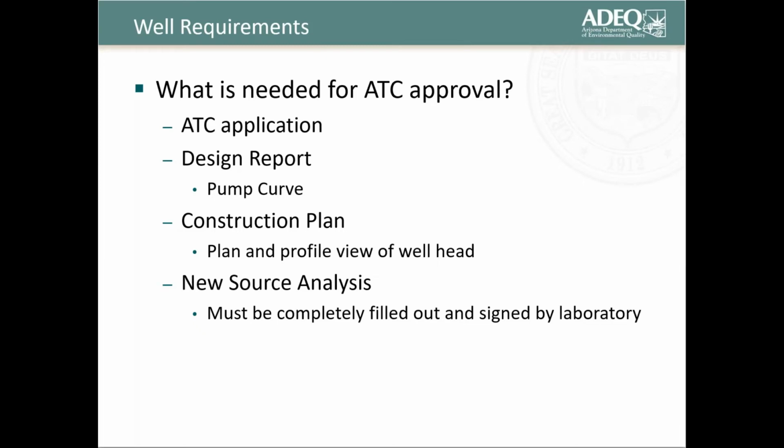Usually we see the manufacturer pump curve taken out and included in the design report, which is totally fine, as long as you're able to explain and provide details as to why the pump is suited for that flow. And then in the construction plan, we look for the plan and profile view of the wellhead just to get an idea of the types of components that are associated with that well.